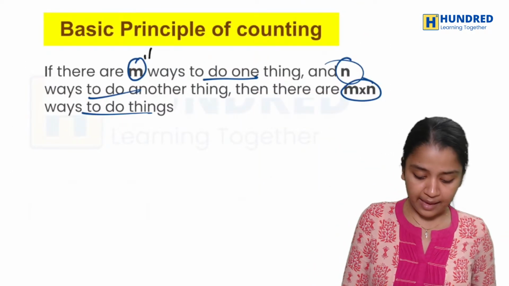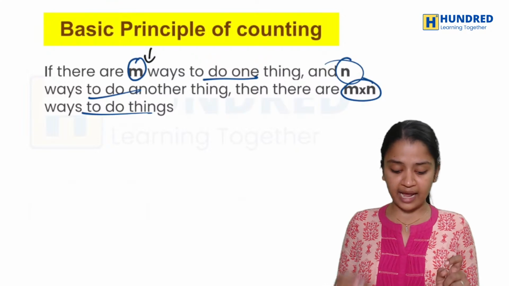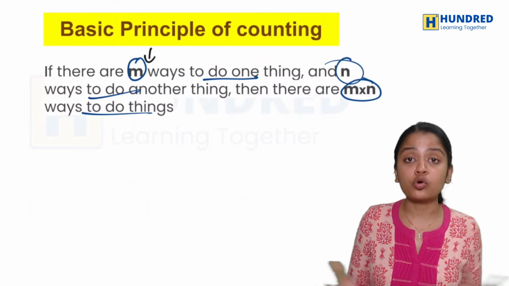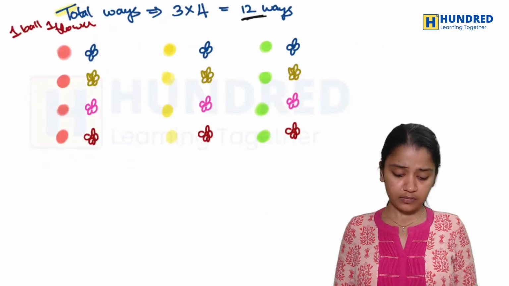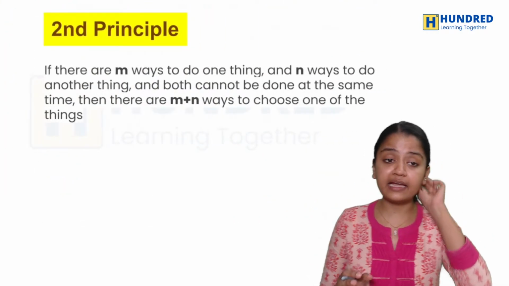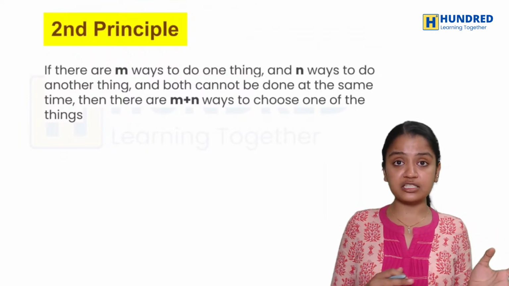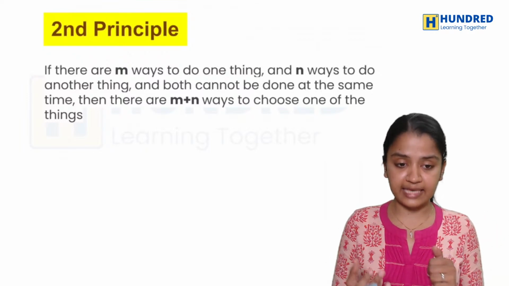So if you're having m ways to do one thing and n ways to do another, the ways to do both is m times n. Now, what is the second principle? So this is the first principle. Now let's talk about the second principle.